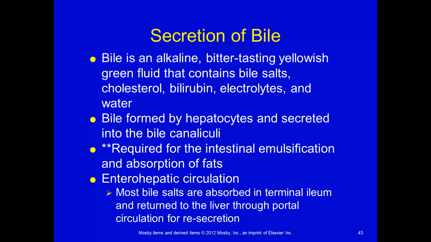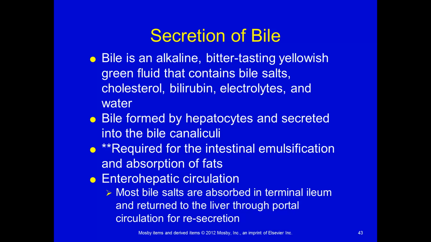The liver has a very unique recycling circulation in terms of these bile salts: enterohepatic circulation. Most of the bile salts made by the liver are absorbed in the terminal ileum and return to the liver through the portal circulation for resecretion. I think that's kind of interesting and fascinating. I always want to make sure I include that little tidbit of information: bile salts are actually recycled.